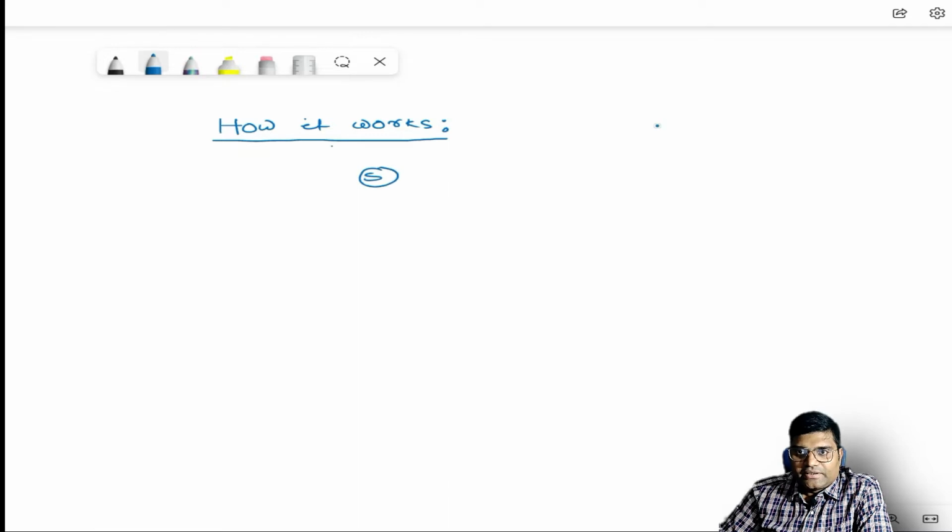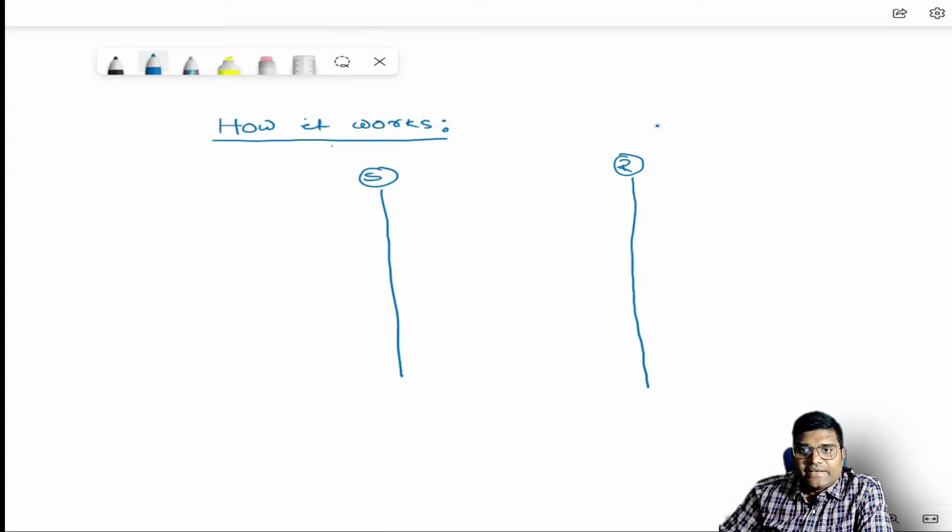Consider this is the sender timeline and this is the receiver timeline, and the sender sends a data packet to the receiver. After sending this data packet, the sender will stop and wait for the acknowledgement from the receiver for this sent packet.